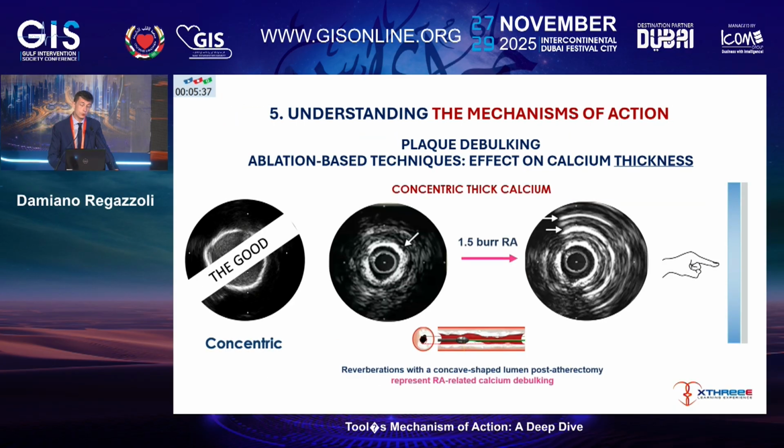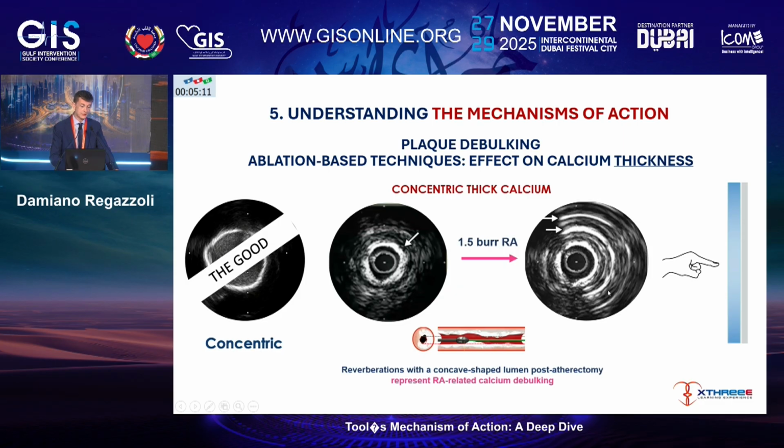The good one, the concentric calcification, is the calcium that you can remove, that you can debulk, that you can take away with rota. What we expect when we do this type of debulking is that we start with thick calcium in a small vessel, we do our rota, and then the calcium changes.